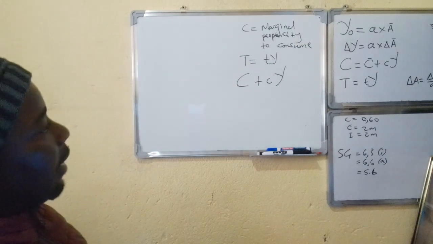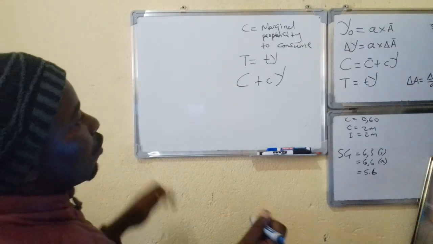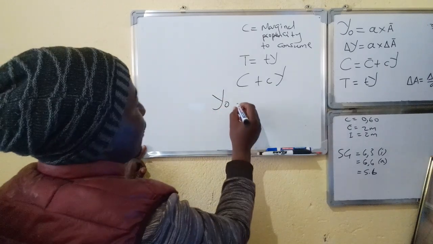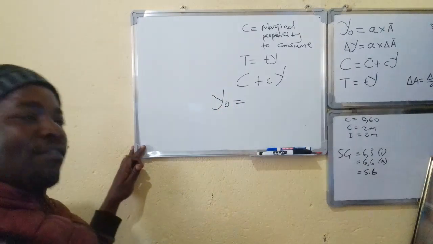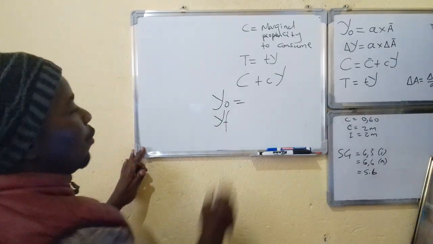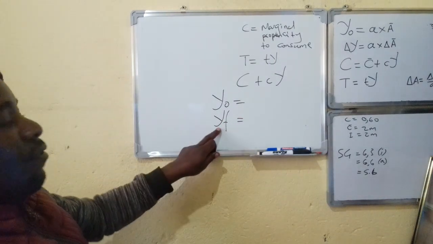And then you also need to know Y0, as we have been doing it on the graph, which means equilibrium level of income. And then you also have YF, which means full employment level of income.